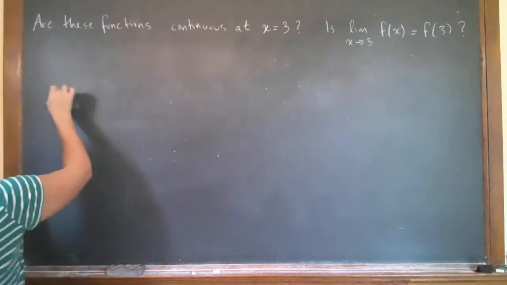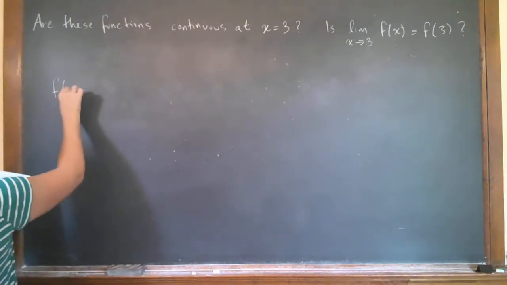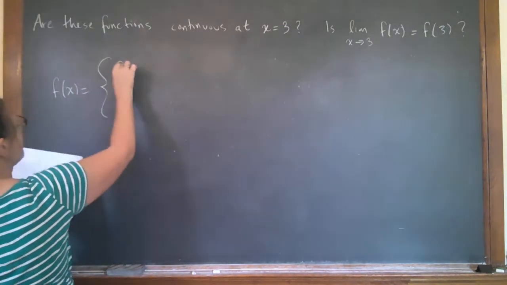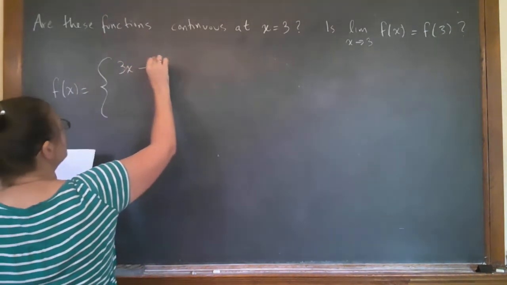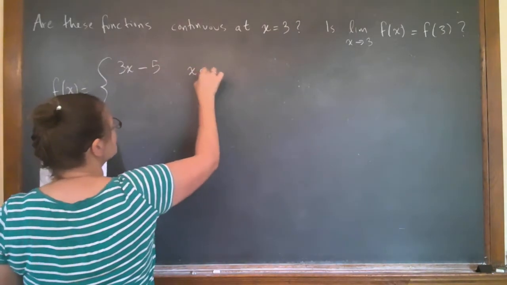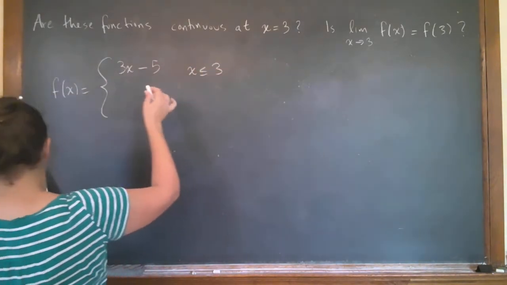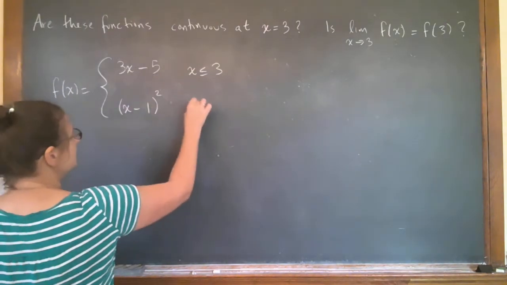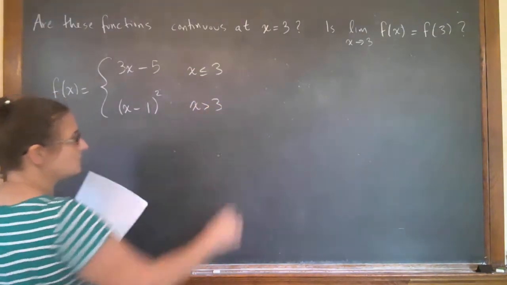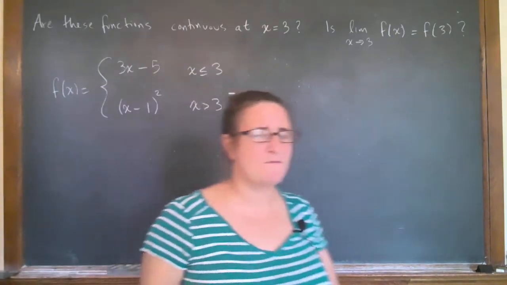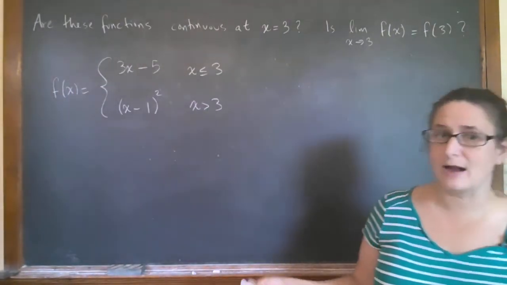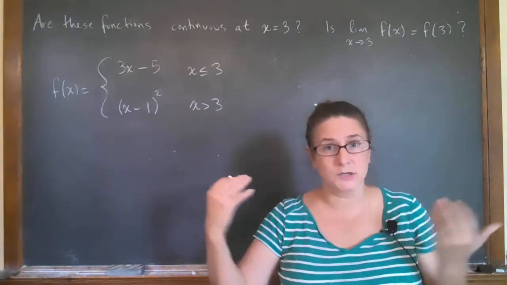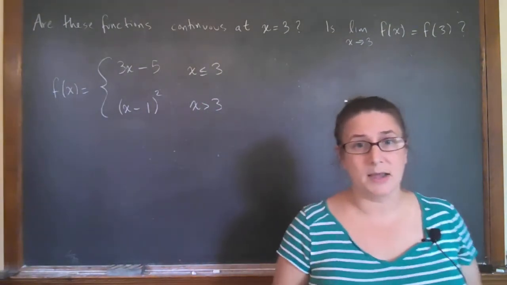Okay, so we're going to do one that's a little bit different. I'll use f of x again, so I don't have to rewrite that, but this is a different function. This is the second example. These are all pretty much going to be piecewise defined, but this one is a little bit different because rather than being the same value everywhere except for at a point, this one is definitely two different functions on two different parts of the domain.